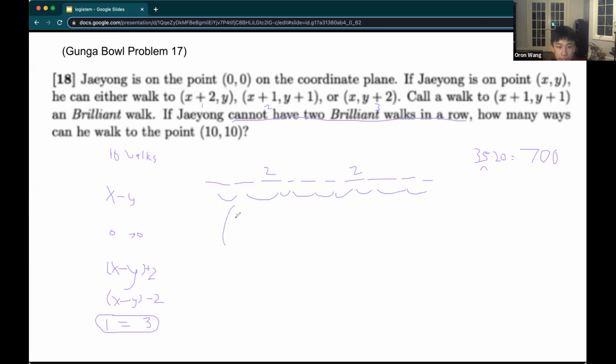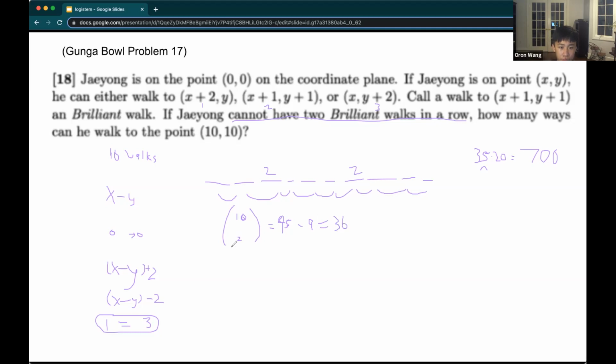In total, we have 10 choose 2, which is 45 total ways to put the 2 2s. And then 9 of these don't work, so we have 36 ways that do work.